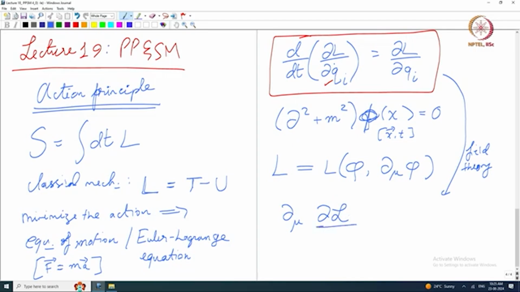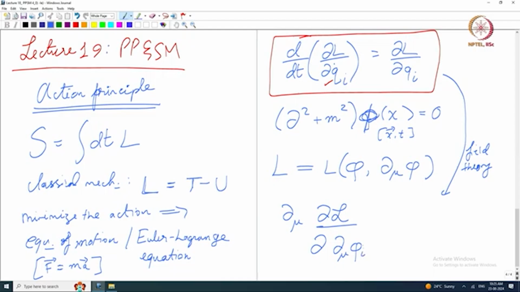So I'm going to take the derivative. Here I had a q dot, but instead of q dot I'm going to have the derivative again of the field, not the derivative, the 4-derivative, I'm sorry, okay.